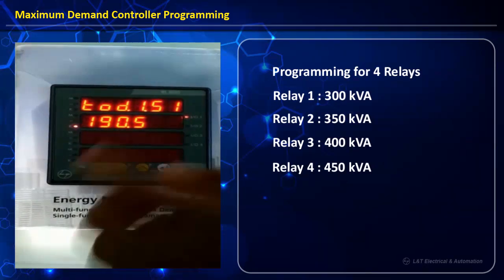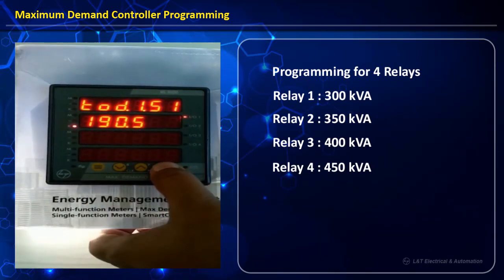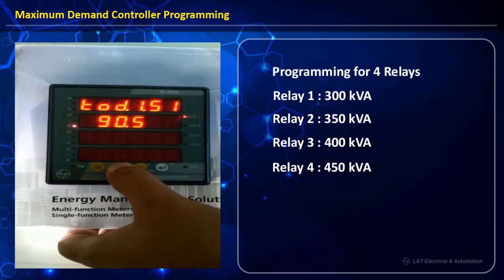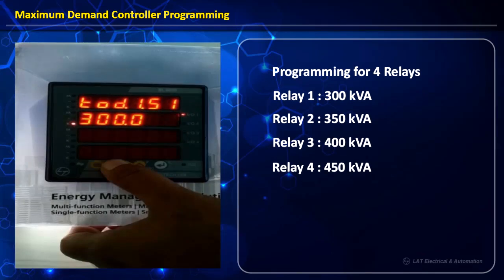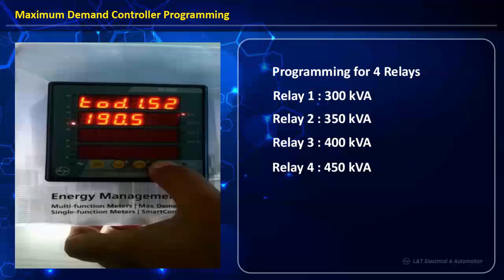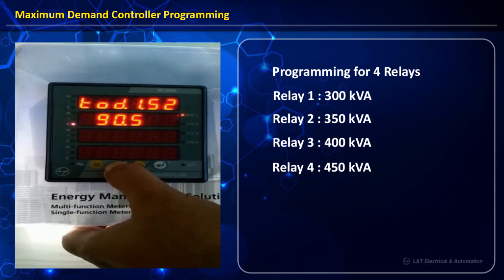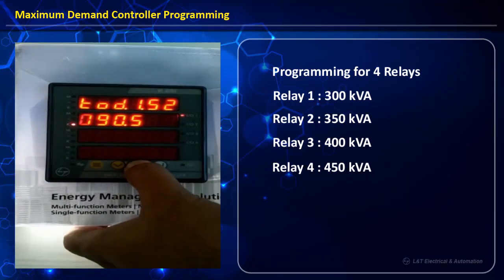TOD1 S1, now this is relay 1 that we would like to program for 300 kVA. So we will modify it to 300.0 while ensuring that the K indicator is on. Next we move to TOD1 slot 2 for 350 kVA.